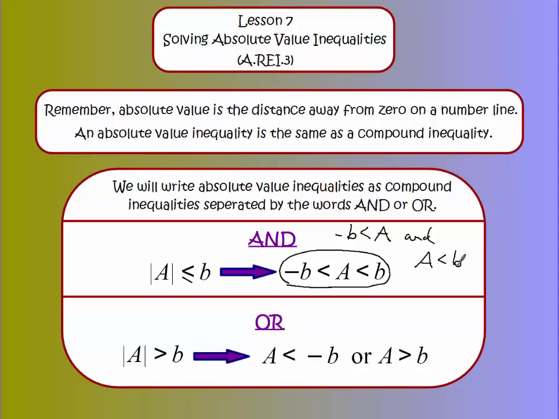When we have greater than or equal to, when you break the absolute value up into two parts, you'll have A is less than negative B or A is greater than B. The thing to remember is when we have a number line, the and one is always going to be this kind of middle section, and the or ones are always going to go away from each other like this.